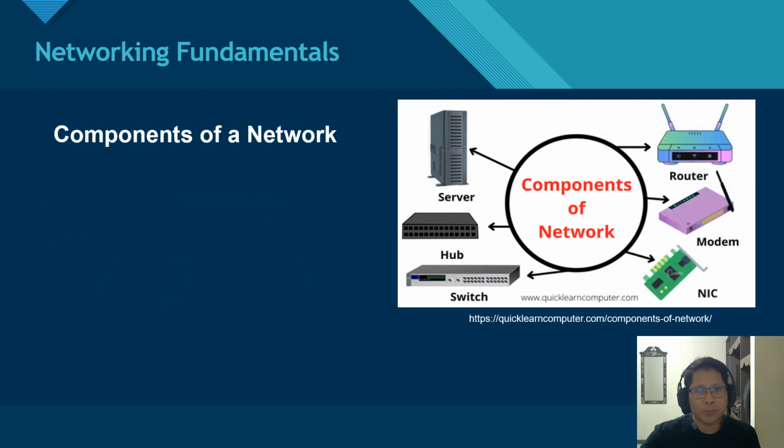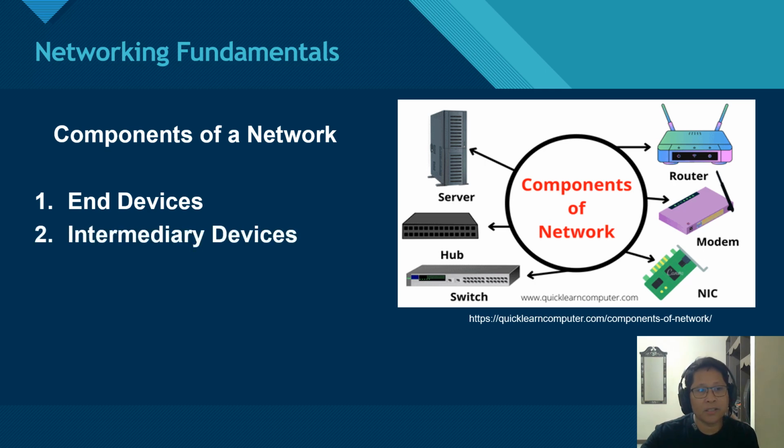Now let us proceed and discuss the components of a network. In a computer network, there are two main categories of devices. The first one is the end devices, and the second one is the intermediary devices. Let us discuss this one by one.